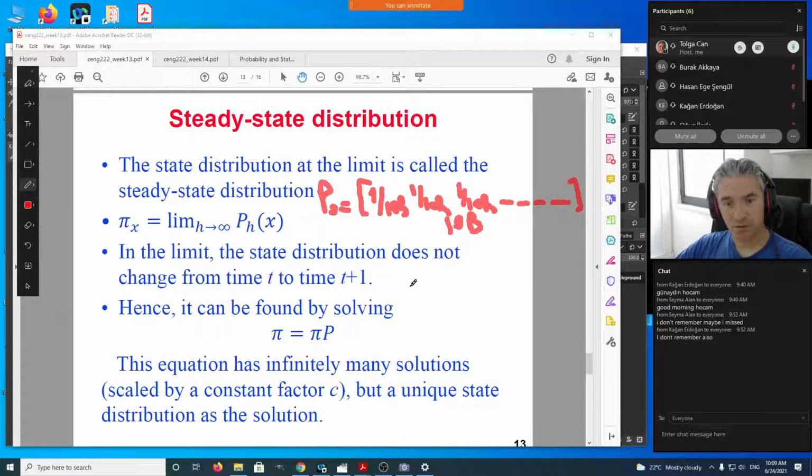The probability of being at a web page at t plus 1 is given that you are at some specific web page at time t.